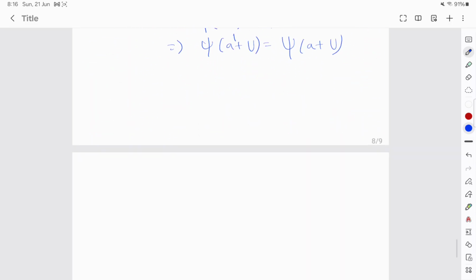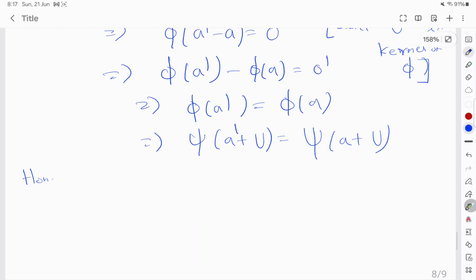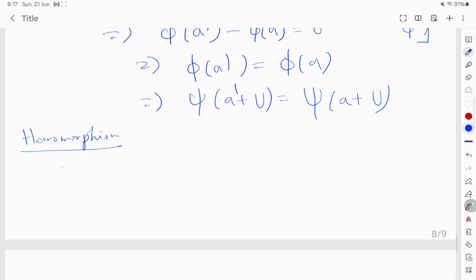Okay, now you have to show homomorphism. For the homomorphism, you take two elements and break that: psi of a plus u plus psi of b plus u.